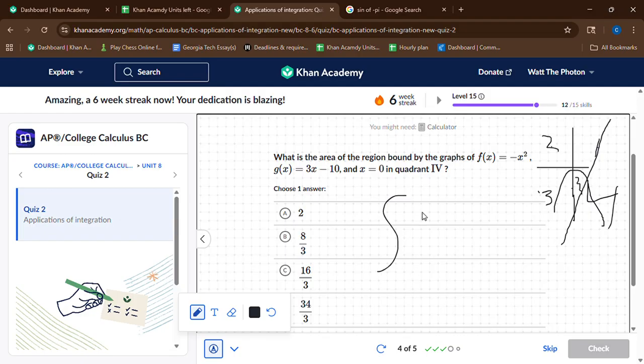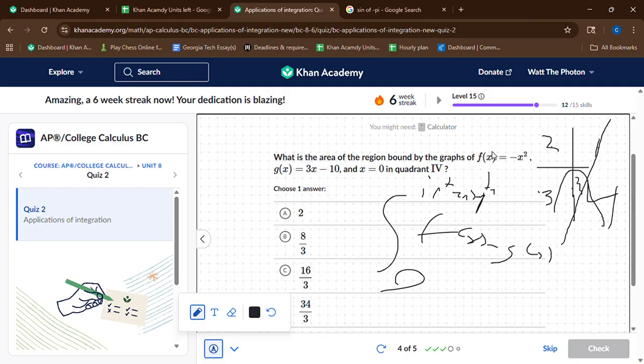So that'd be the integral from 0 to the intercept right here. And then it'd be f of x minus g of x, minus intercept. Okay.